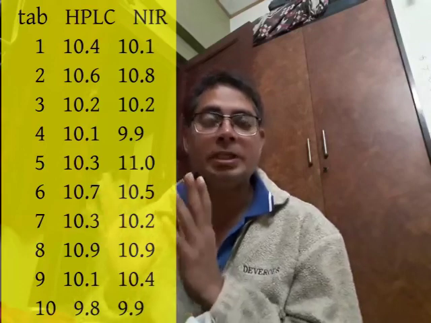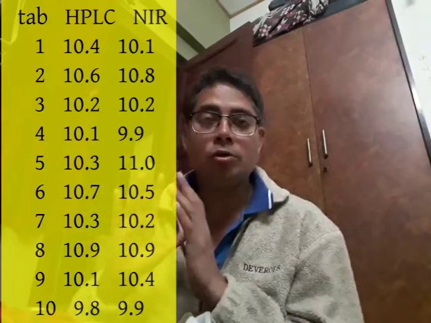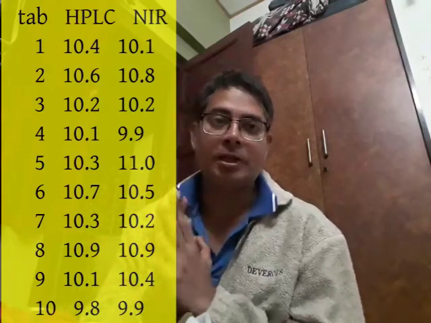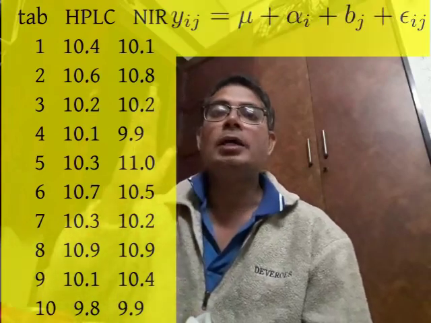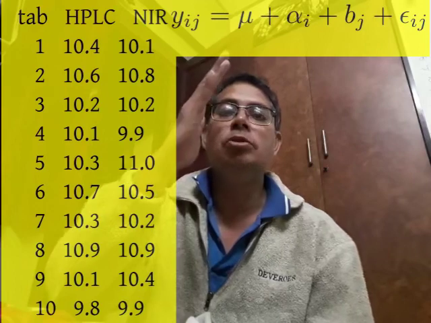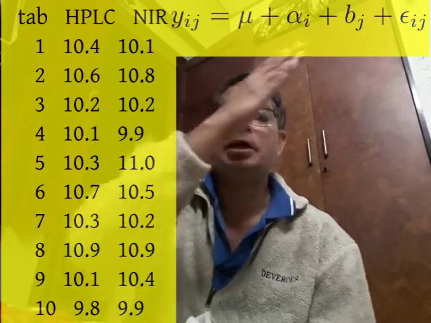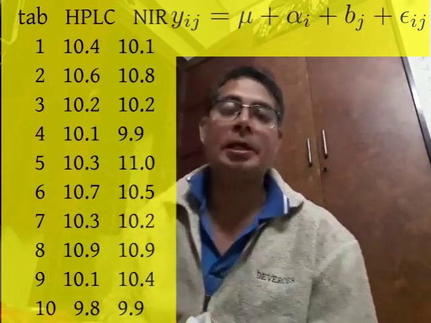Now we have seen how to fit a model, how to formulate a random effects model. So our model was like this: Yij equal to mu plus alpha i plus bj plus epsilon ij.